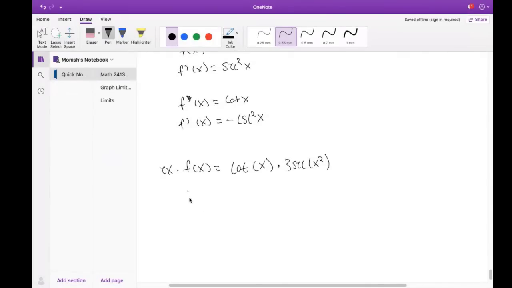Okay, so how would I do this one? And we'll make this cotangent of 2x just because.